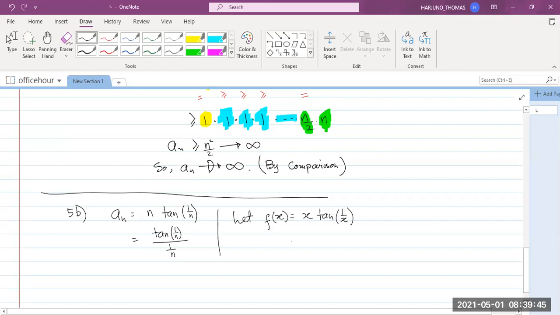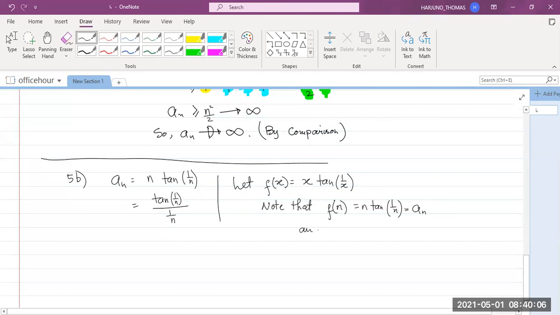And then note that f(n) equals n tangent 1 over n, which is a_n.